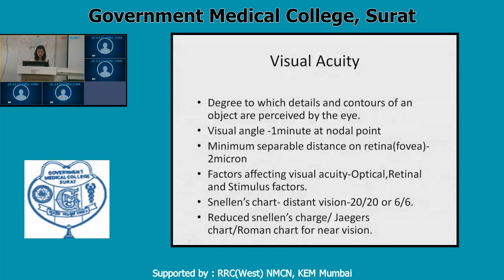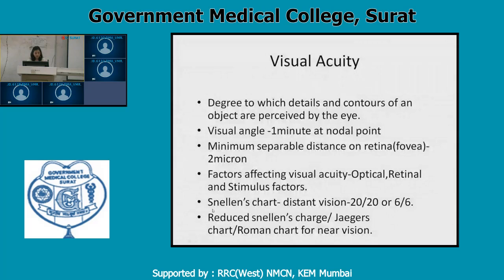The factors that affect visual acuity are the optical factors, meaning the refractive condition of your eye, the retinal factors, how your retina is behaving, and the stimulus factors like illuminance, contours or size of the object, contrast and color of the object.